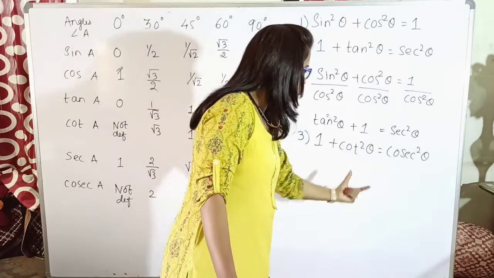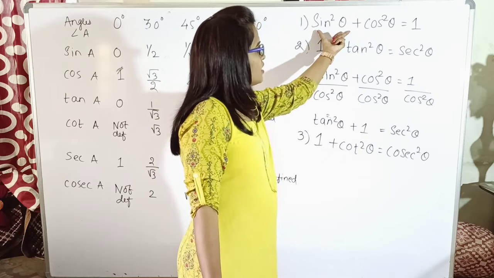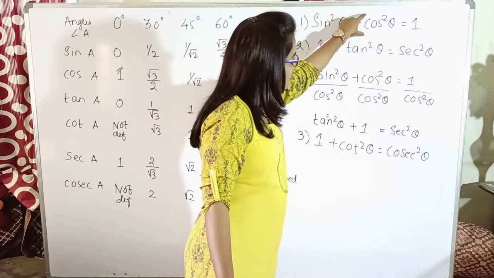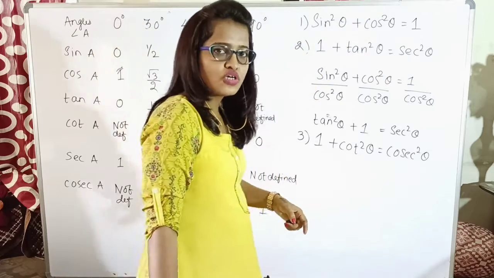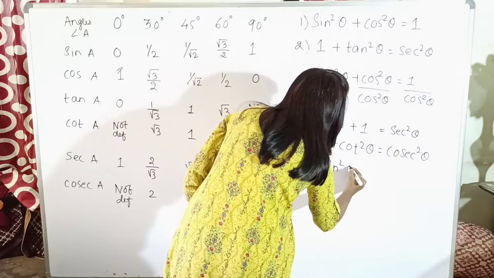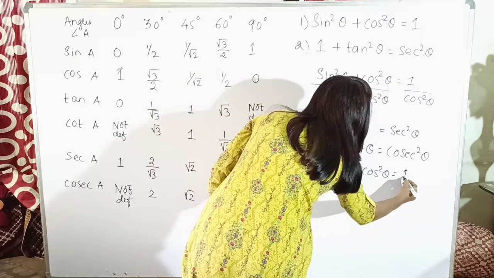Now I want cot square theta. What if, instead of cos square, we divide it by sine square, so that here cos by sine I will get cot. So taking the same identity, the first one, sine square theta plus cos square theta equal to 1.